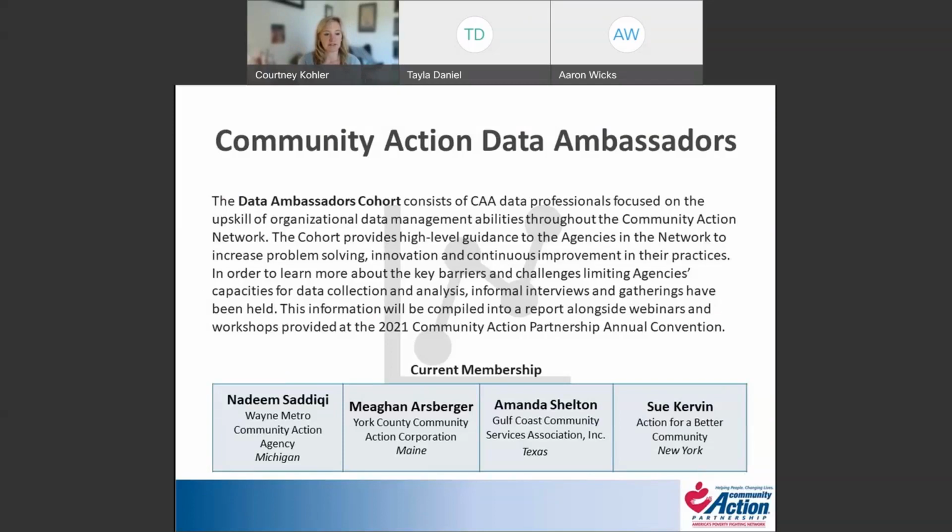They really provide high level guidance to agencies in the network to increase problem solving, innovation, and continuous improvement in their practices. These people are from data-centric organizations that are living out a good data strategy and are able to get together and learn and share out what they're learning and doing across the network as well.